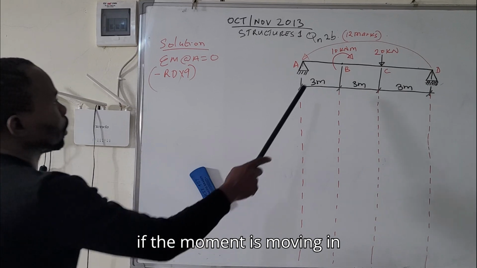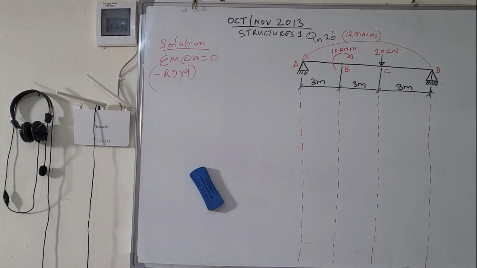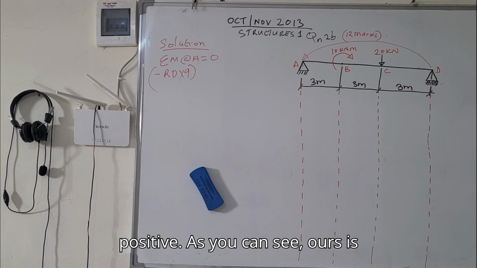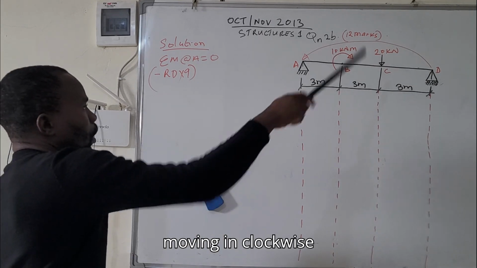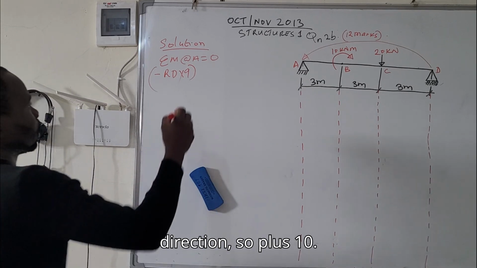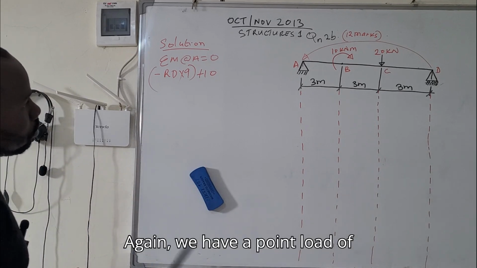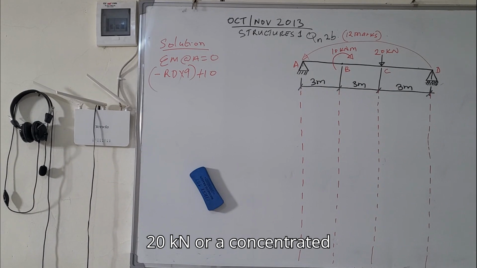If the moment is moving in anti-clockwise direction, it will be negative, and if it's moving in clockwise direction, it will be positive. As you can see, ours is moving in clockwise direction, so plus 10.